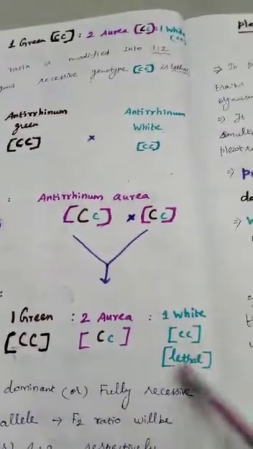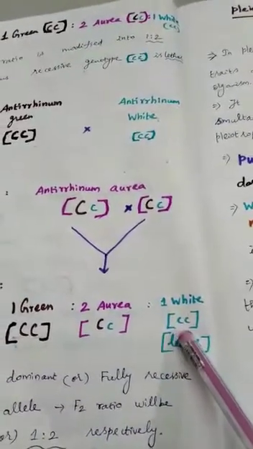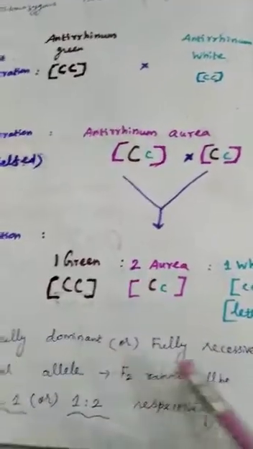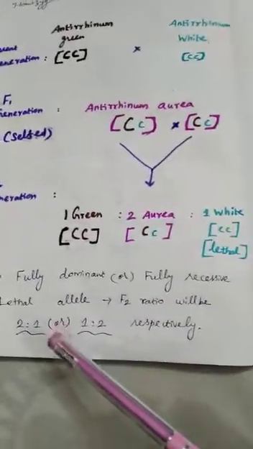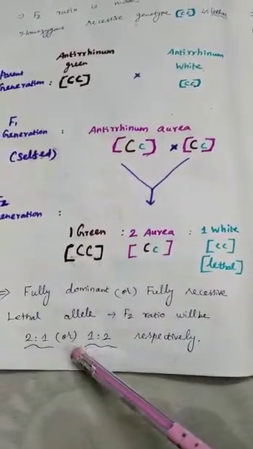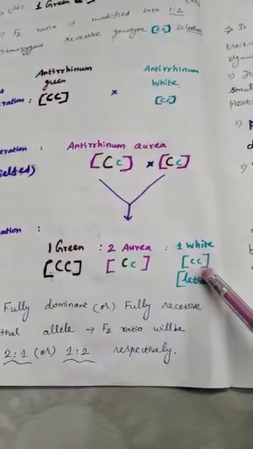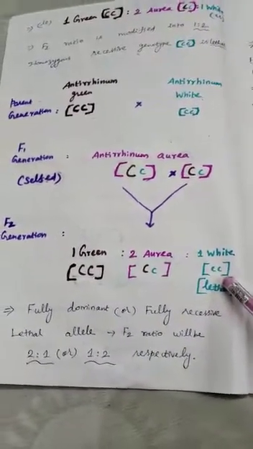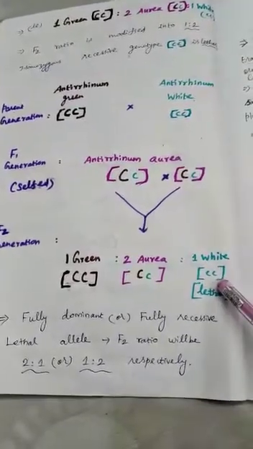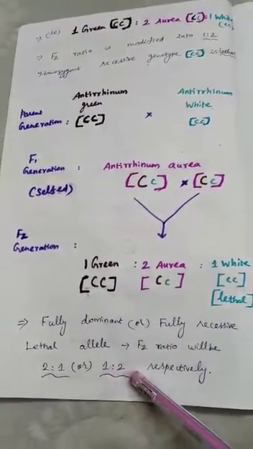For a fully dominant or fully recessive lethal allele, the F2 ratio will be changed into 2:1 or 1:2 respectively, because the white chlorophyll-lacking plants do not survive. So the F2 generation of recessive lethality will be changed into 1:2.